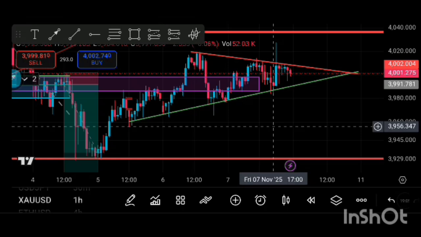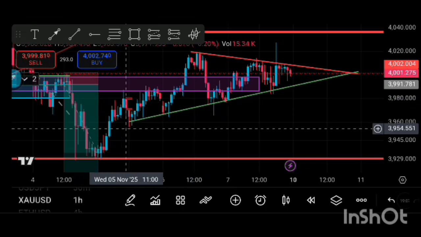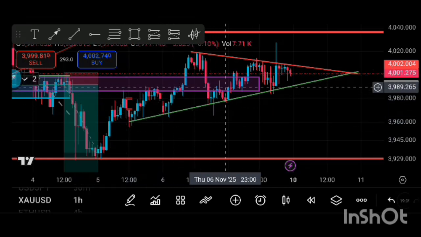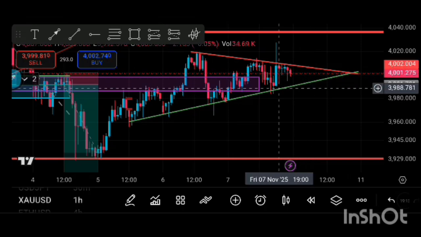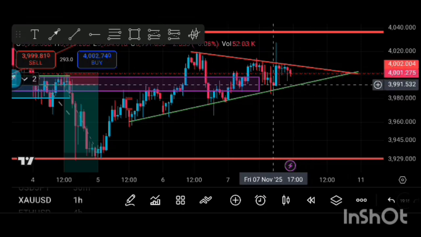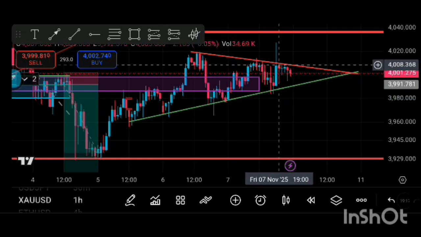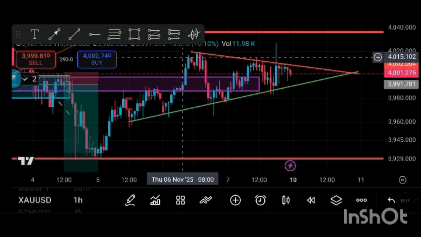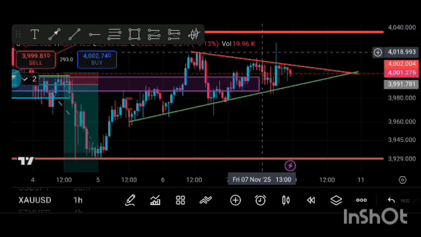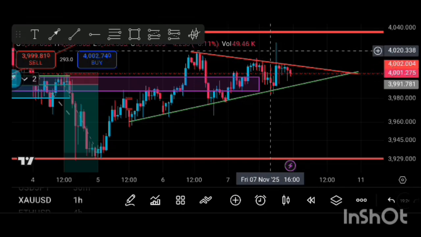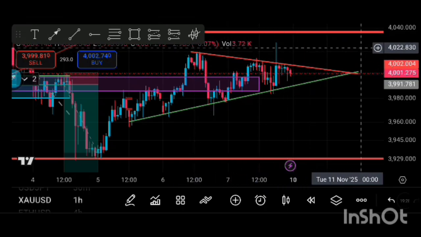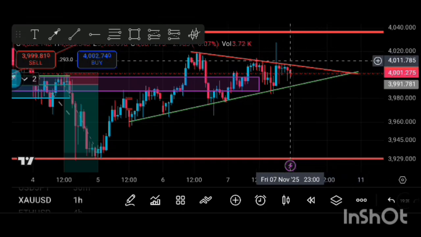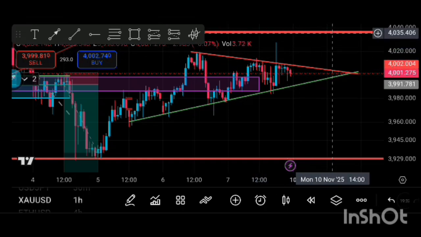So again, come back. 1, 2, 3, 4, 5. You see, it's just basically multiple touches, and also the upside 1, 2, 3 with a massive wick here, meaning that price is rejecting more expensive levels, you understand?